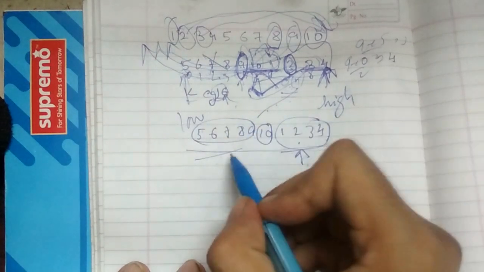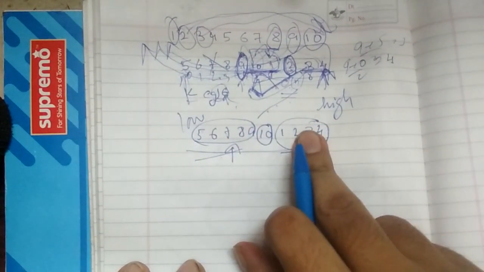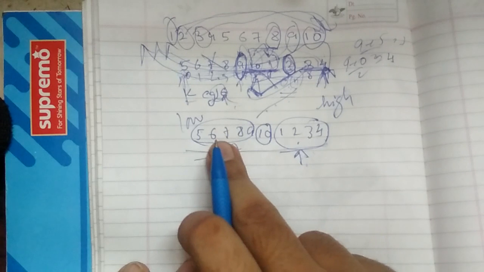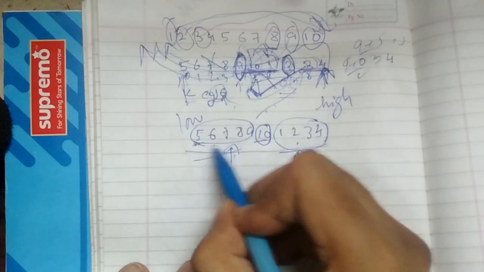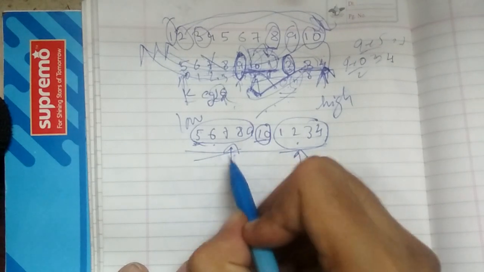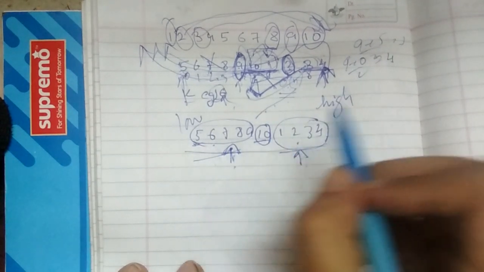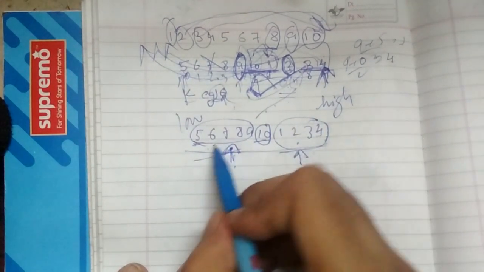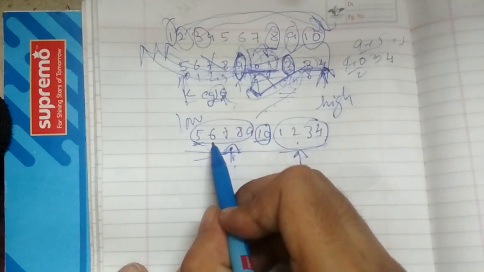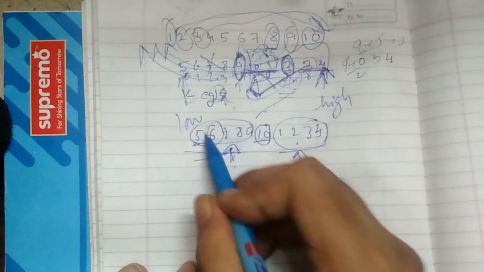If it lies in this half, then we will reject this half and our new search space will be this half. So 6 lies in 5 to 10. So if the element is present in this array, then it will be present in this half, or it will not be present at all. So we continue this process and we are able to find our target element, which is 6.